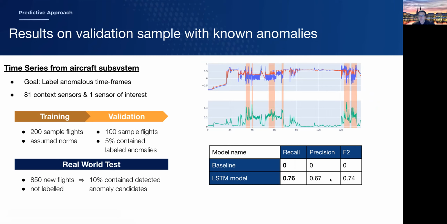And we not only find 76% of them, but if we present these anomalies to engineers in the end, we will definitely find false results also. But in the end, out of 100 anomaly candidates presented to engineers, 67 will be true. So this is the precision, which we also are now able to put above 70%.